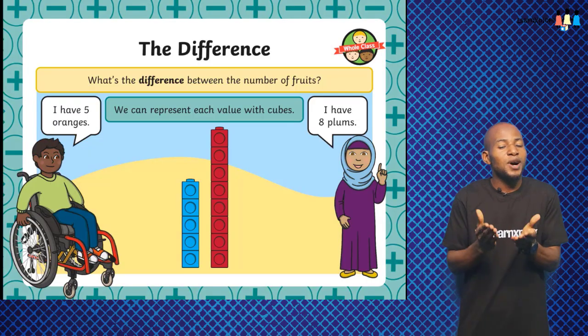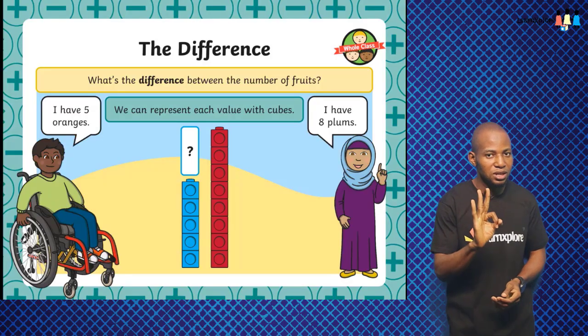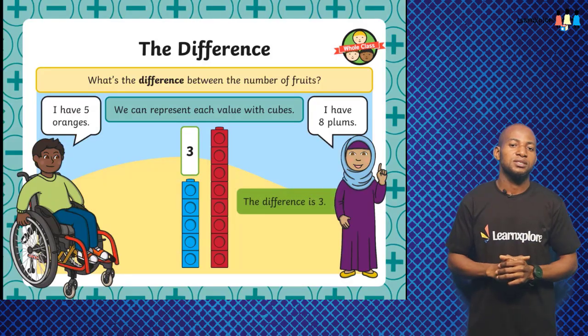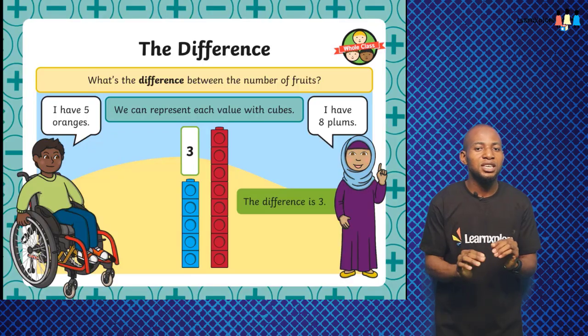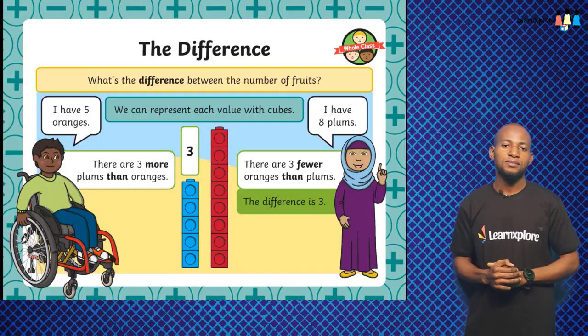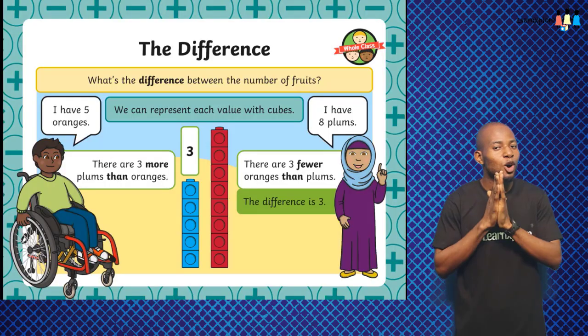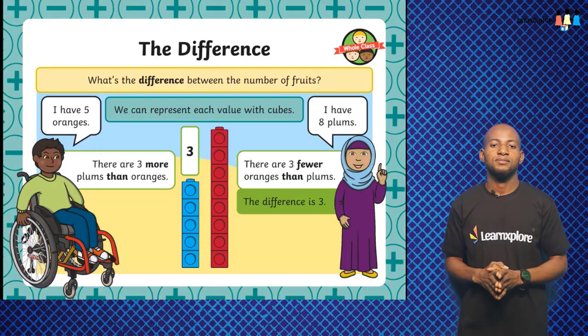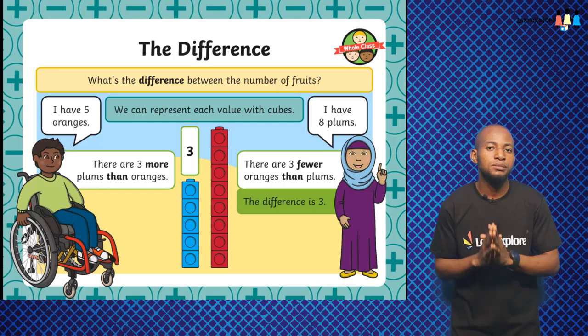Can you find the value of the gap? 3. What is the difference? The difference is 3. There are 3 more plums than oranges. There are 3 fewer oranges than plums.